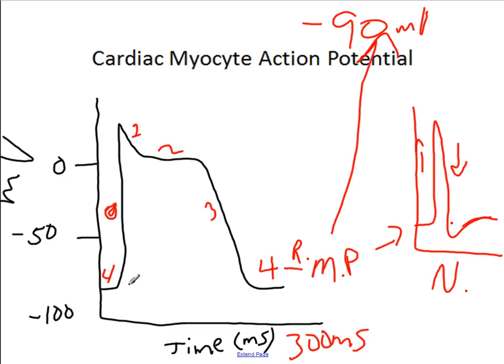Once that wave of depolarization is propagated into the cardiac muscle cells, you're going to see an upward spike. This upward spike is just like the regular action potential with the neuron, which you already know is an influx of sodium ions. There are these very fast channels that open really quickly and allow for a rapid influx of sodium into the cell.